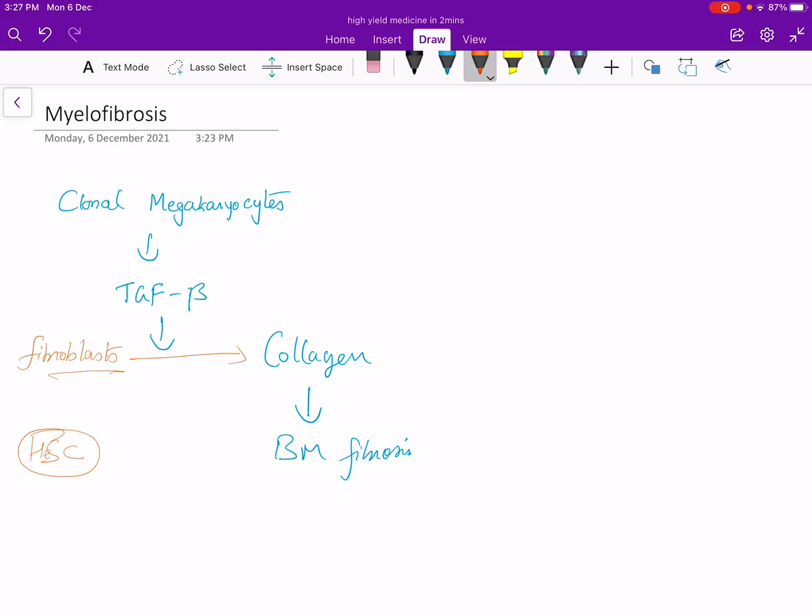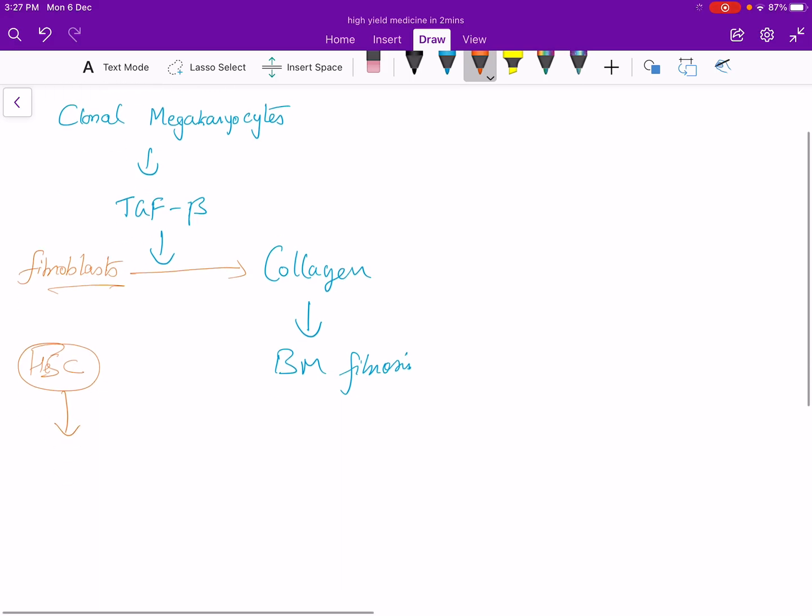So they go to other places which can accommodate them, and that happens to be the liver and spleen. And they perform hematopoiesis in the liver and spleen, and that is called extramedullary hematopoiesis.